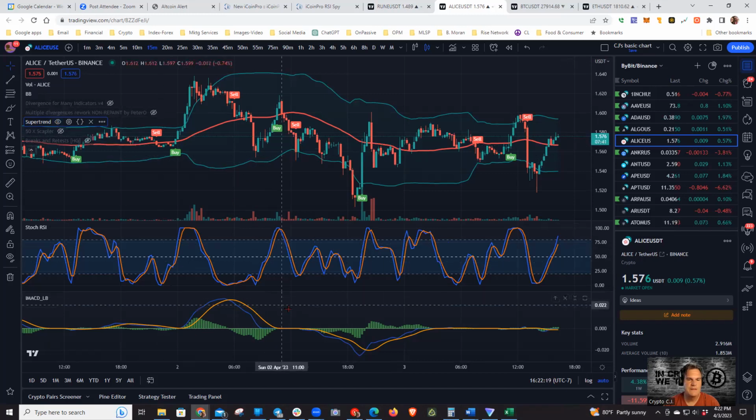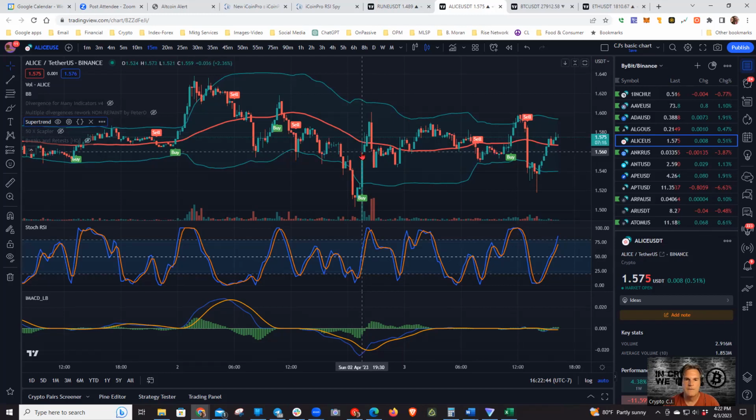You also might want to use some of these other indicators on the Super Trend for confirmation. Stochastic RSI, and this is the impulse MACD. So for example, on this buy alert that went off, the stochastic RSI crossed, but the MACD went just sideways, so it didn't really confirm it. And so that was kind of a small move.